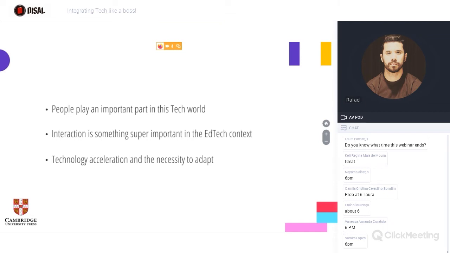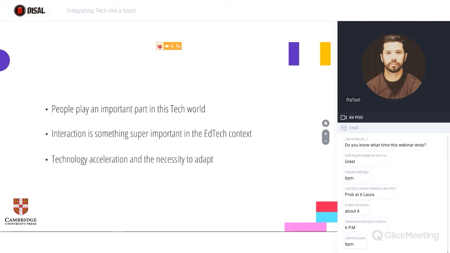So the first, people play an important part as tech help us to expand the human connection. When I quote Lacan and Santaella. My second point is interaction is something super important, especially in educational technology context, this edtech context, as it expands the human potential to a whole new level, as I quote McLuhan.